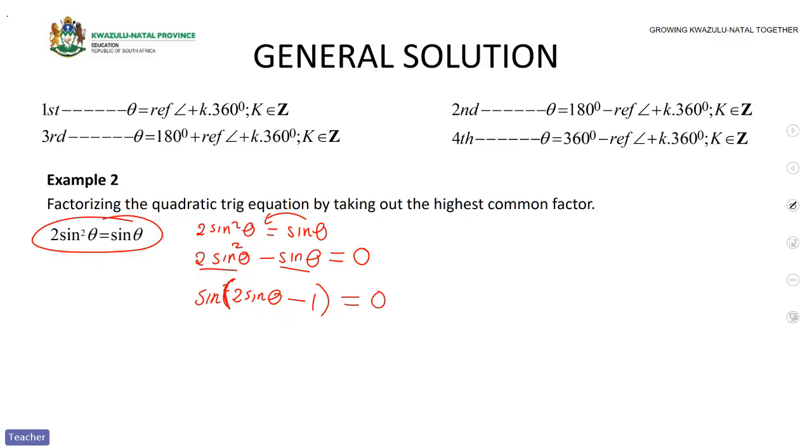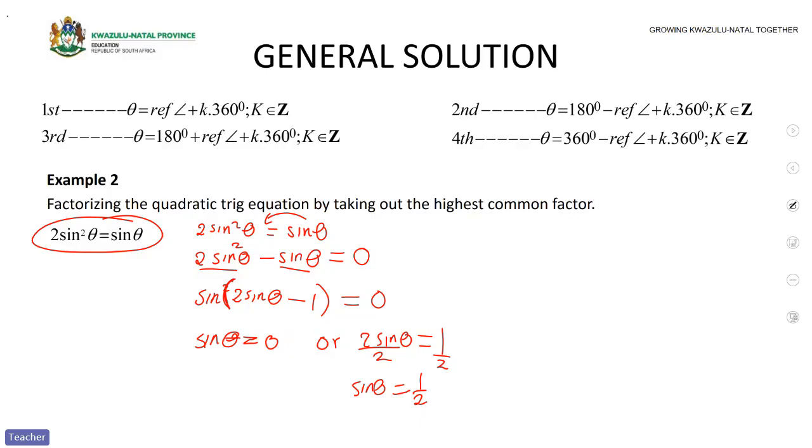Now we have our factors, so it's going to be sine theta equals 0, or 2 sine theta equals 1. Then we divide by 2 on both sides, and sine theta equals 1/2.